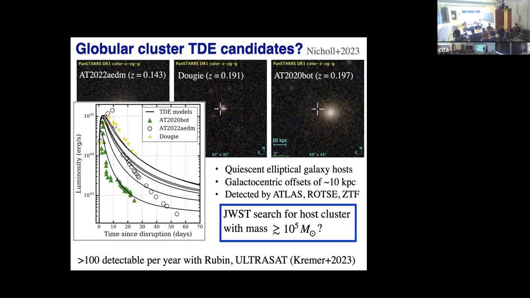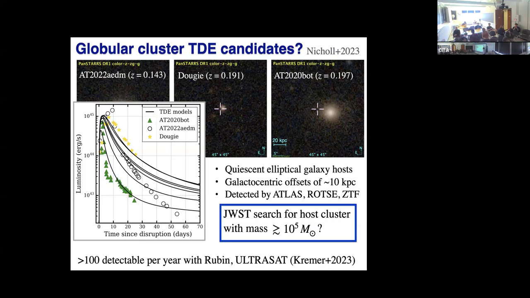Now, these are still candidates. You certainly can't say robustly that these are black hole star collisions. But this can be tested with JWST by looking at the location of these transients at redshifts of roughly 0.2, maybe a little less than 0.2 on the far left.